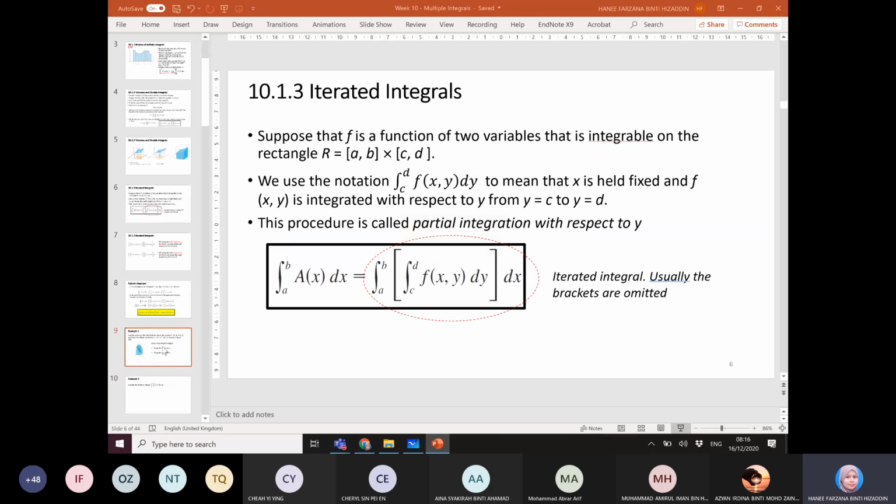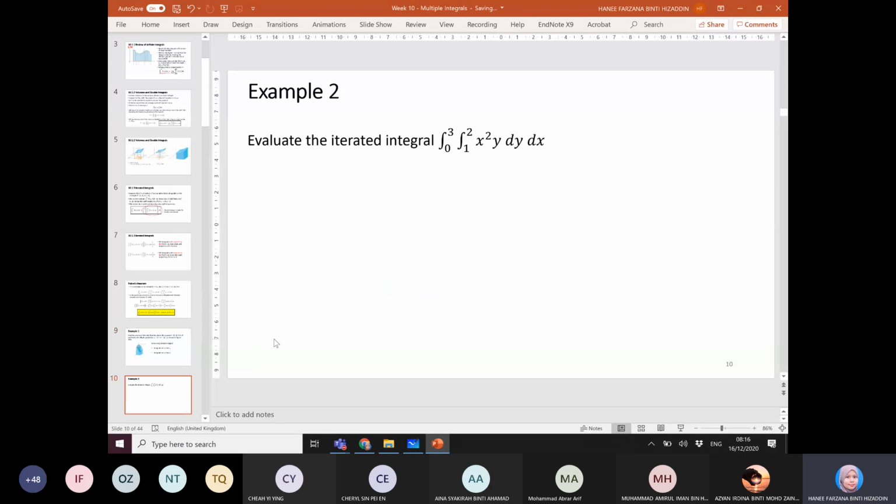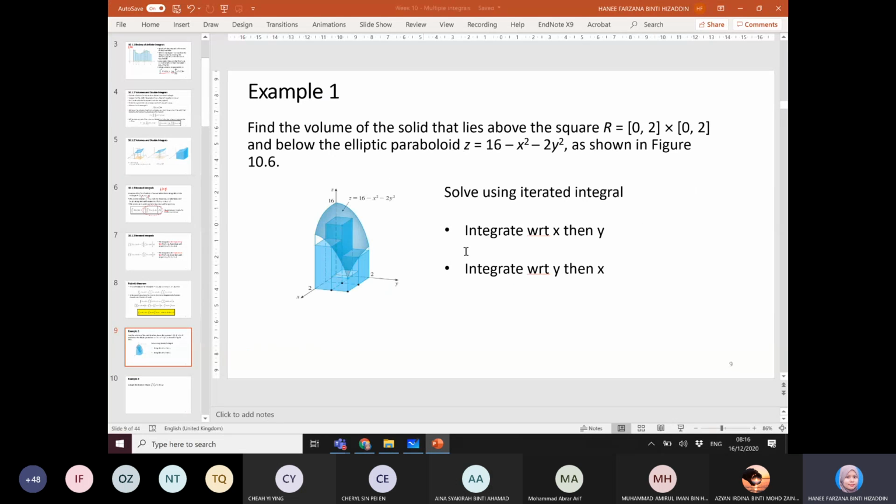Okay, so let's do an example. For example 1. This example is also available in your notes. In this case, you want to find the volume of the solid that lies above the square R. The R intervals are 0 to 2 and 0 to 2.